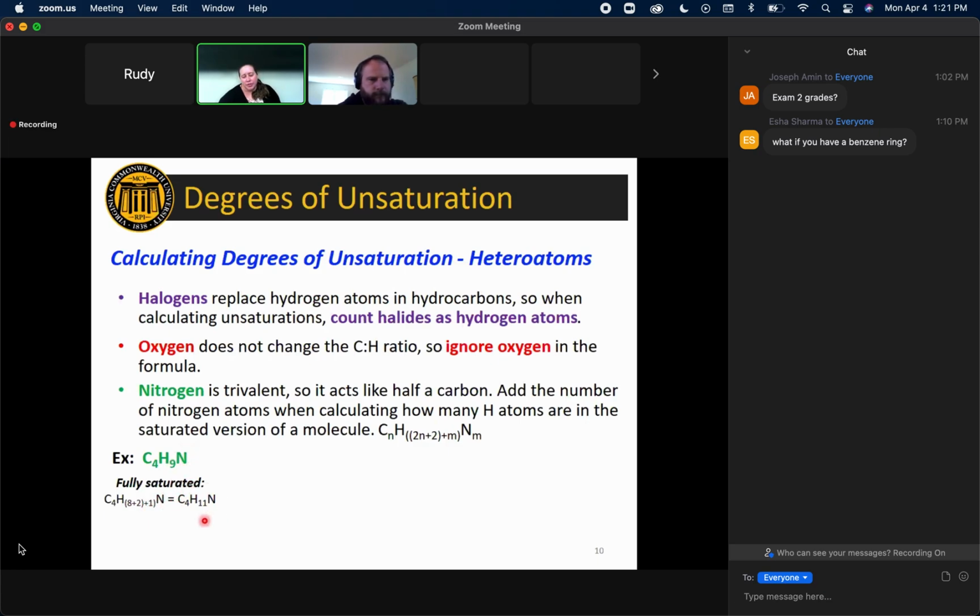So our fully saturated version would have 11 hydrogens. So that's the fully saturated version. Now we can do the next step mathematically, or we can just do it intuitively by looking at the molecular formulas here. Our fully saturated is a C4H11N, and our actual is a C4H9N. So that's 2 hydrogen atoms missing, which is equivalent to 1 degree of unsaturation.